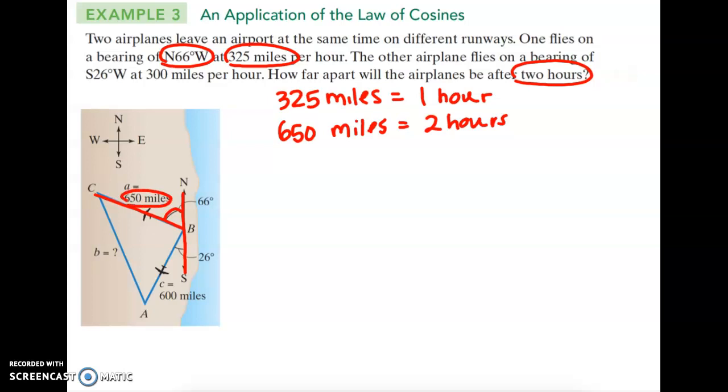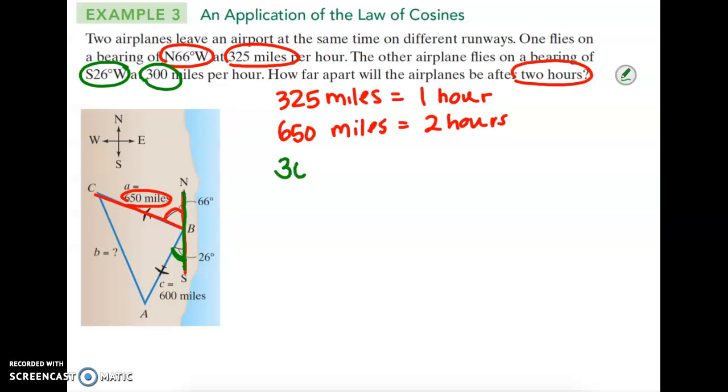All right. The next airplane flies on a bearing of south 26 degrees west. So here's that same north-south line, and it is going west 26 degrees, and it travels 300 miles per hour.